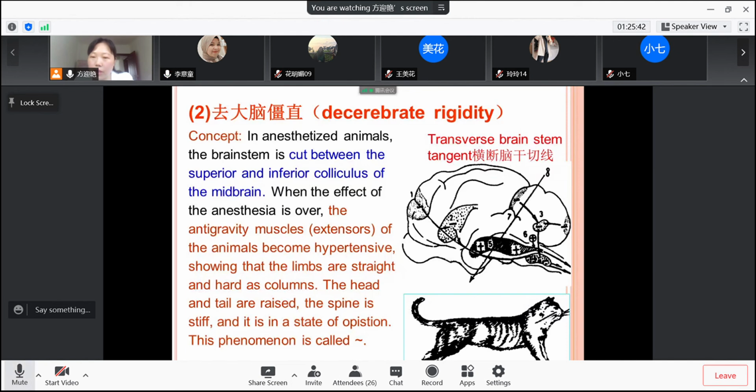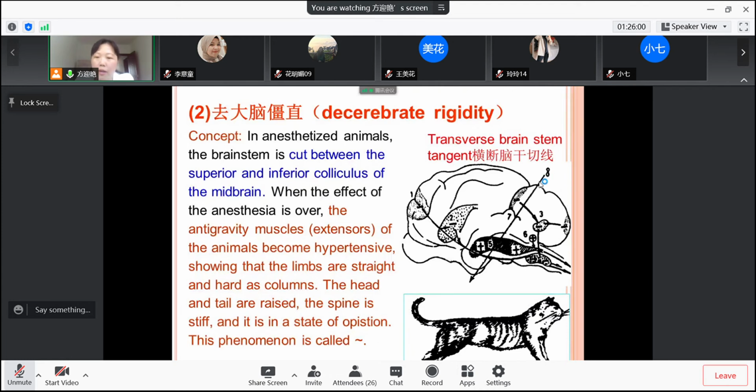First, the cut is made between the superior and inferior colliculus of the midbrain.